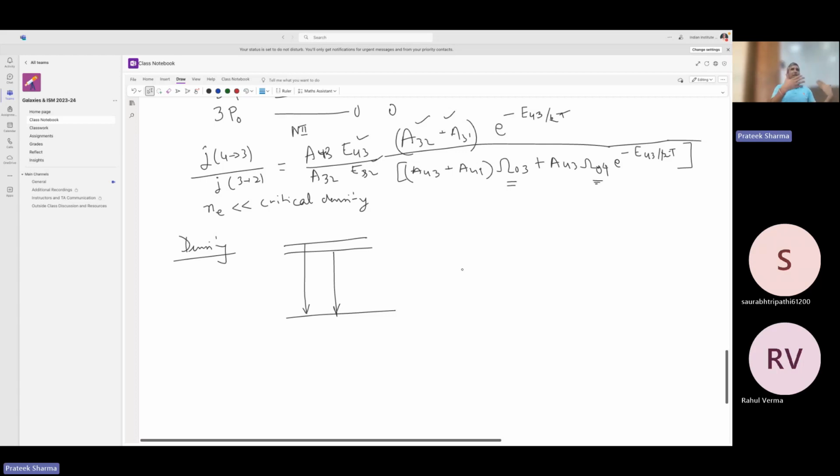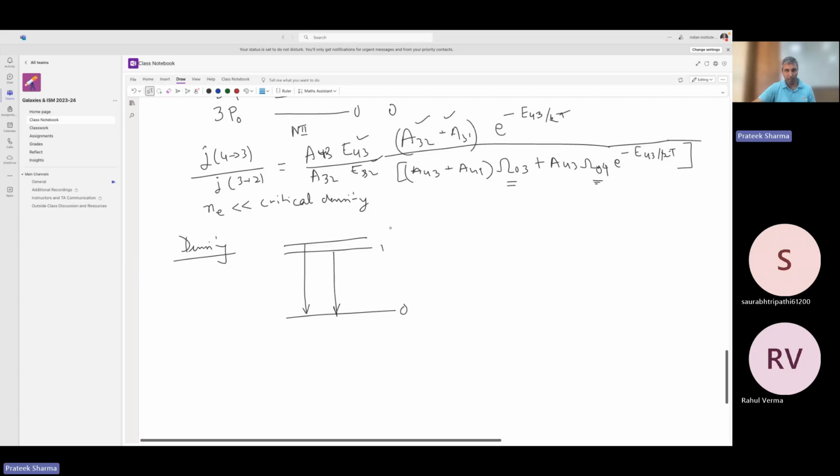If your density is very low, you're just waiting for collisional excitation to happen, and as soon as it happens, de-excitation will happen because Einstein A is pretty big. At high densities, your level populations are Maxwell-Boltzmann.